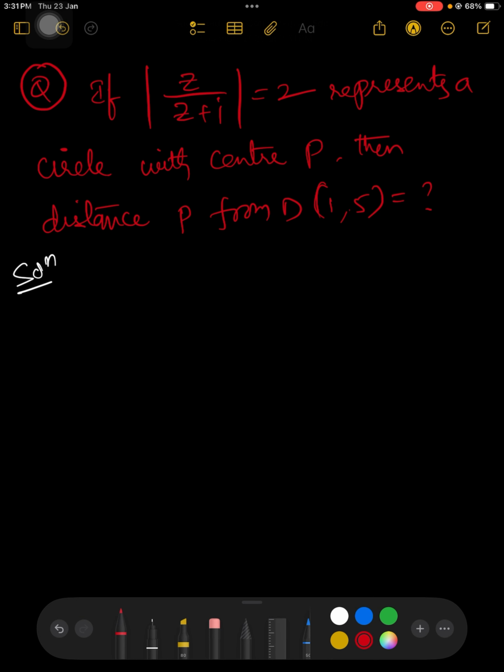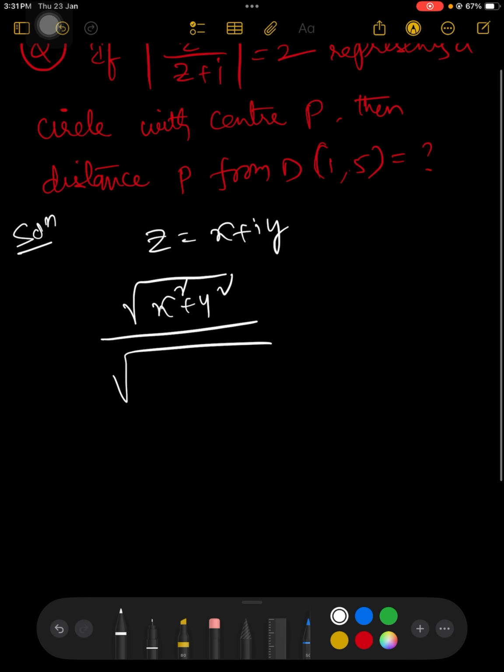And the next question is from complex numbers: modulus of z by z plus i equal to 2 represents a circle. If I consider z equal to x plus iy, the numerator is root over x square plus y square, and the denominator is root over x square plus (y plus 1) whole square, equal to 2.